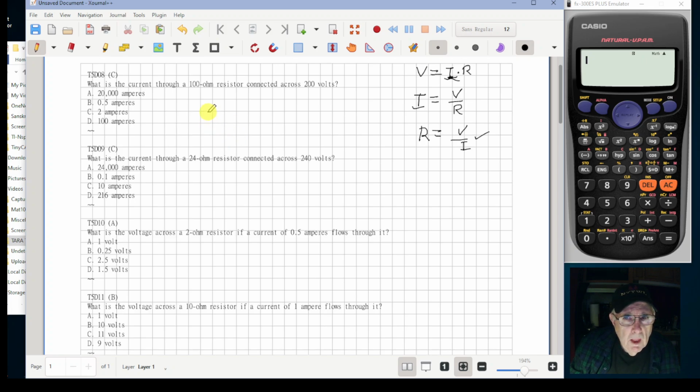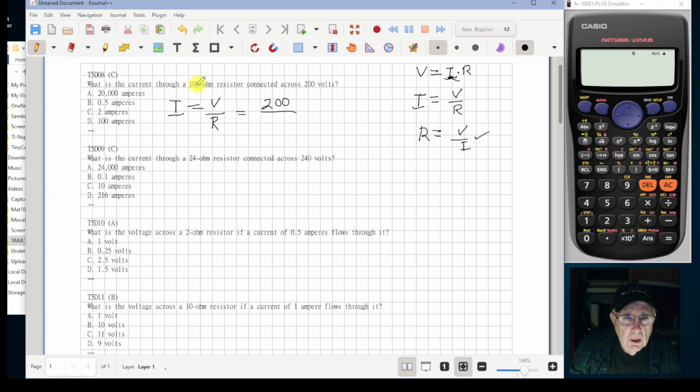Okay, so what is the current through a 100 ohm resistor connected across 200 volts? So we don't know what the current is, so I equals, and we know that I is the voltage over the resistance. The voltage is 200 volts.